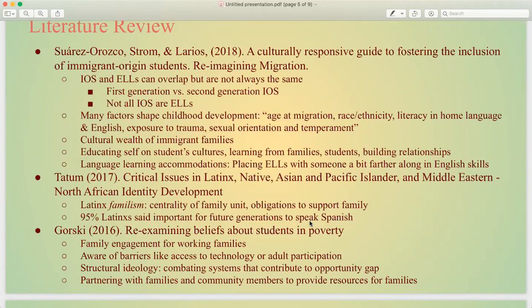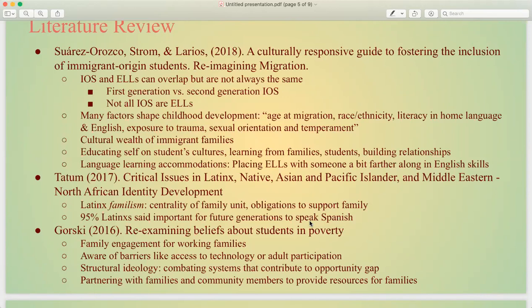And lastly, I wanted to look a little bit about economically disadvantaged students. Again, family is really important. However, there may be more barriers to think about when working with families: multiple jobs, other children to care for without adequate childcare.